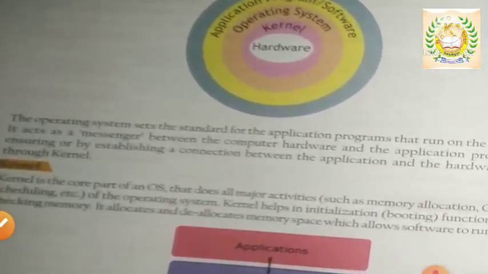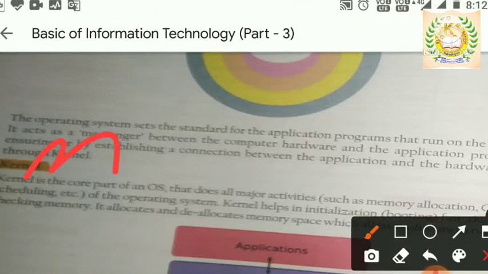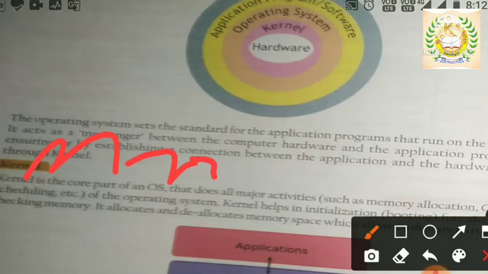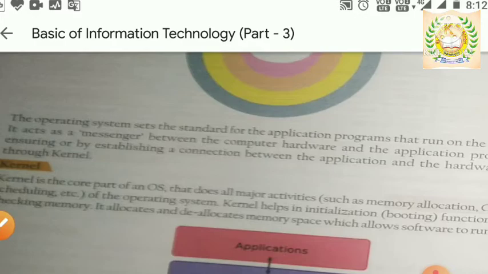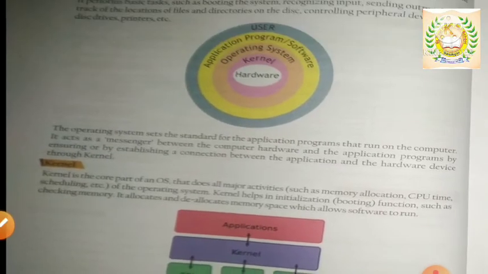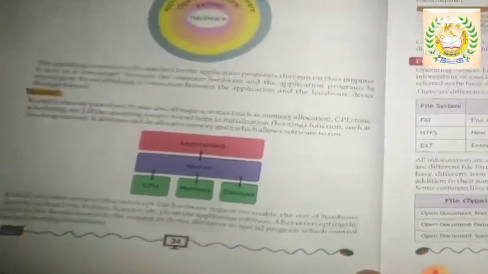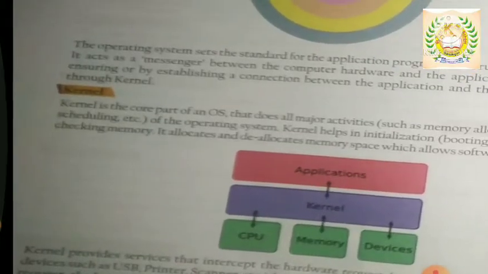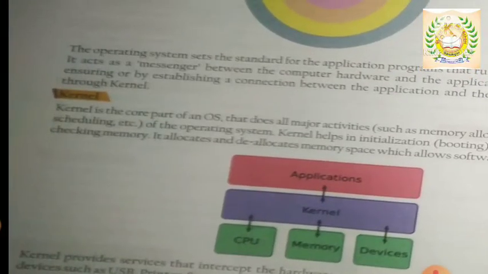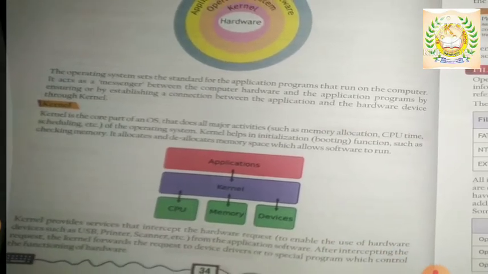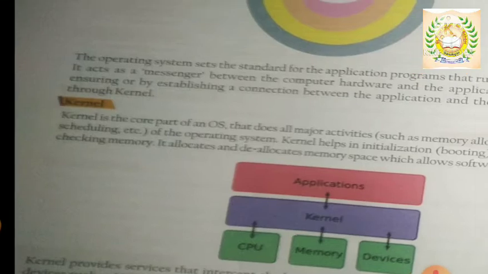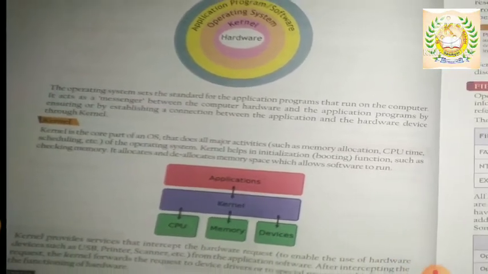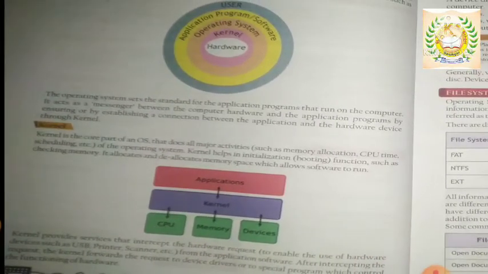The kernel is the core part of an OS that does all the major activities such as memory allocation and CPU time, scheduling, etc. The operating system kernel helps to initialize the booting functions such as checking memory. It allocates and deallocates memory space, which allows software to run.